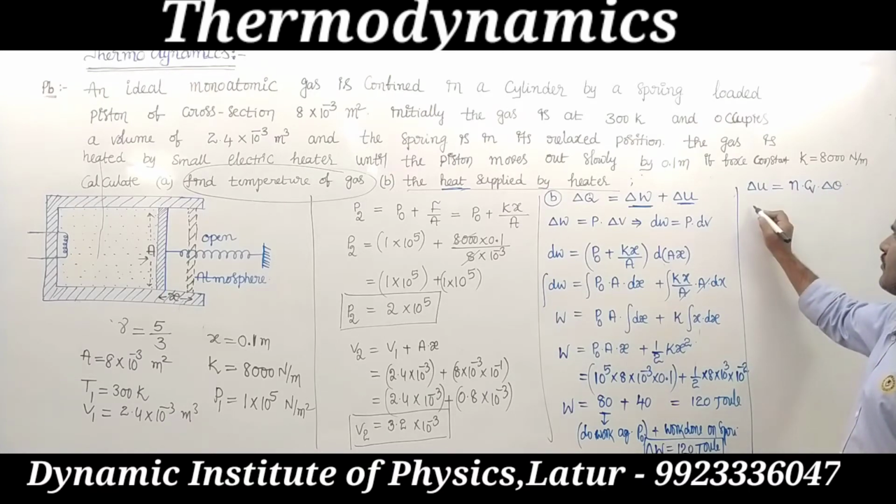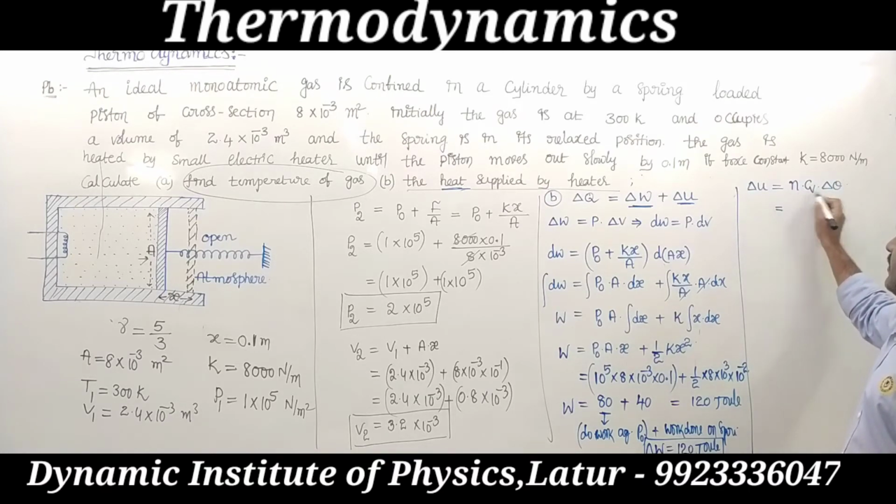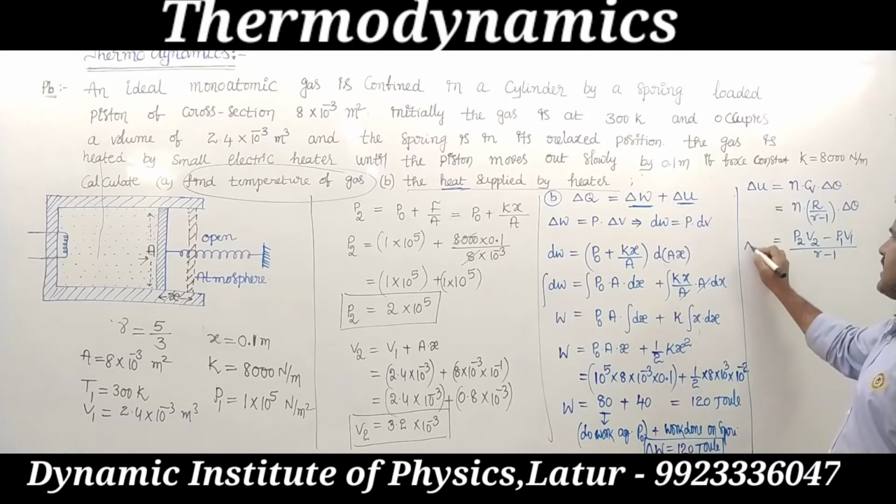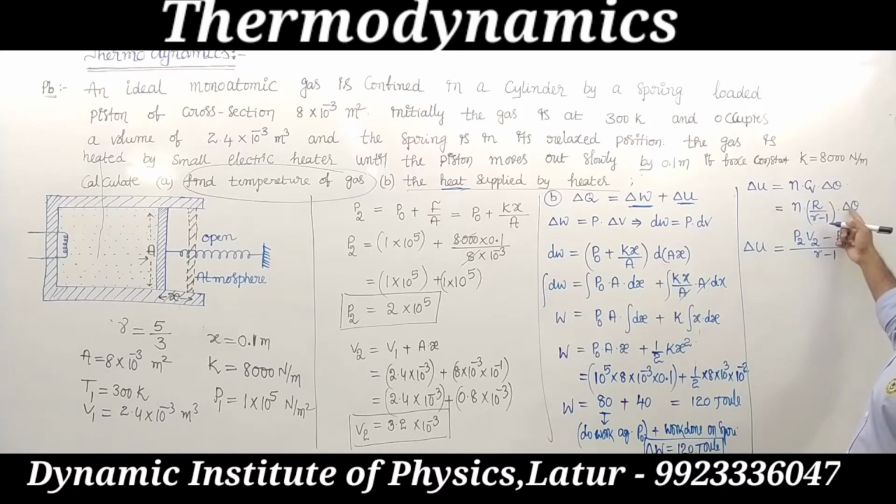Using that, it is written as n into R upon gamma minus 1, this is the Cv value, into delta theta. nR delta theta is written as P2 V2 minus P1 V1 upon gamma minus 1. This is delta U.